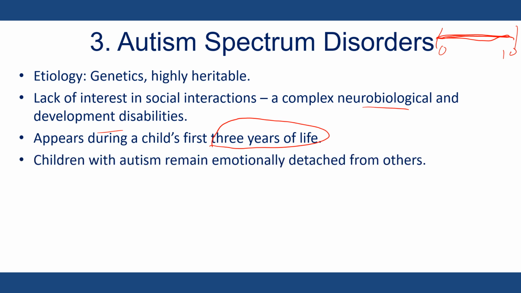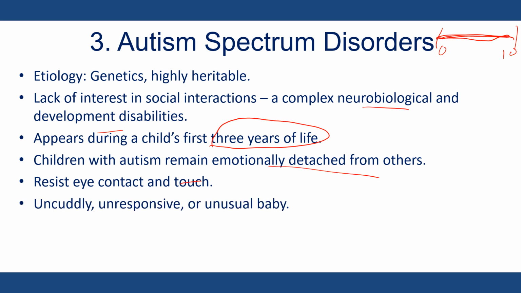Children with ASD remain emotionally detached from others. Again, this is a spectrum, right? So you will see some children very high functioning than the others. But these are just a general presentation of common symptoms where a parent will say that a child is not making eye contact, or they resist touch.